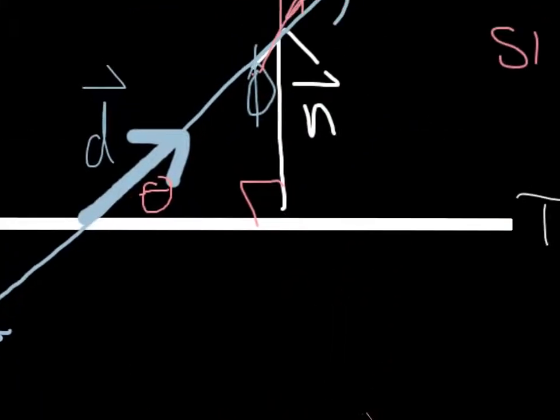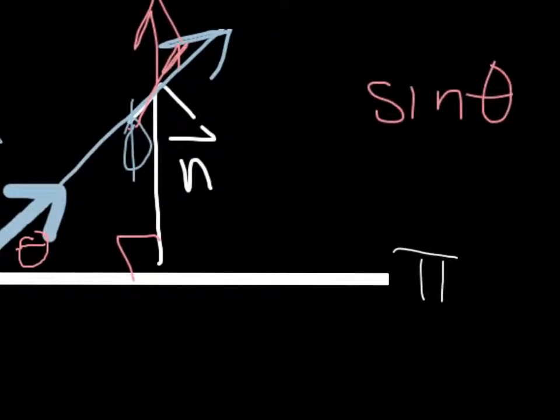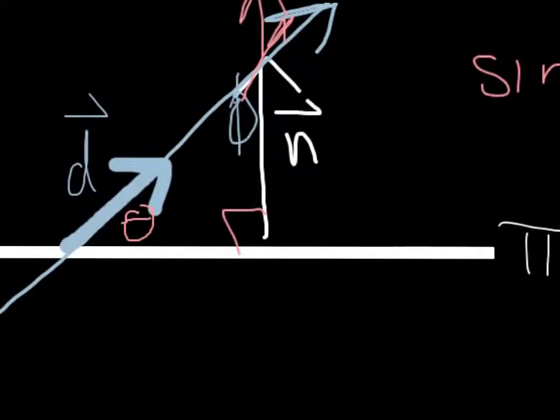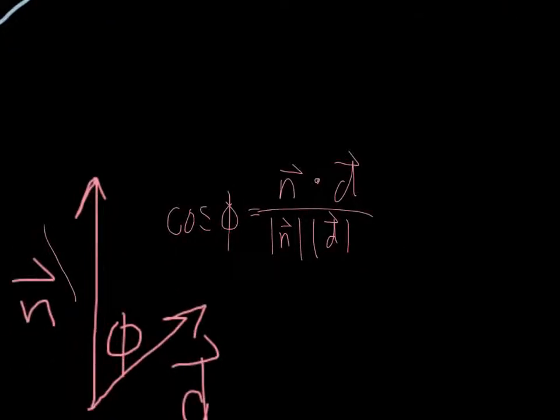Well, let me tell you. The sine of theta is equal to the cosine of phi. That's right triangle trig for us. So what we can actually look at is this and say that this is the sine of theta.